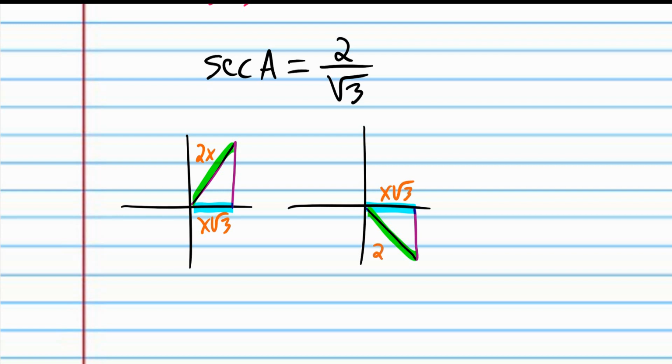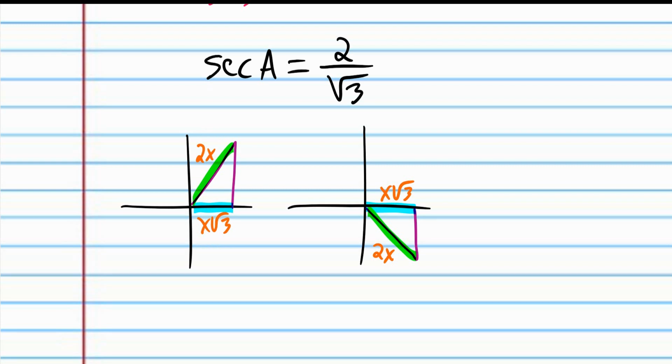And the reason that I'm writing x's is because we don't really know exactly how big the triangle is. When you divide these sides, you get 2 over root 3 because the x's cancel out, but I just want to illustrate that we don't know the exact lengths of the sides.